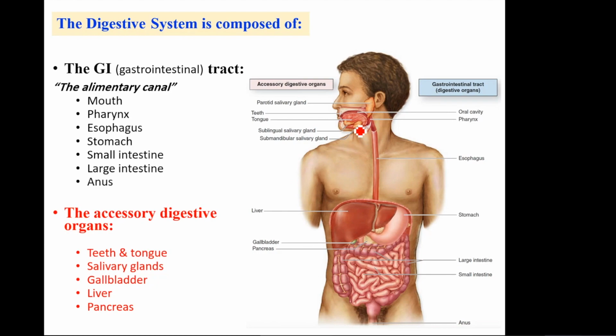When you say digestive or alimentary canal, that means you talk about the mouth, pharynx, esophagus, the tract, the canal, including also the stomach, small and large intestine, all the way until we reach the rectum and anus. So that's the alimentary canal. But the accessory digestive organs, which are important, include the tongue, salivary glands, gallbladder, and liver, plus the pancreas.